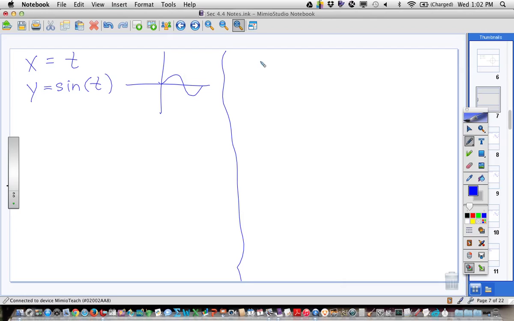All right, now let's do x equals t squared and y equals sine of t squared. Anybody have any guesses of what this is going to look like? What do you mean by stretched out?